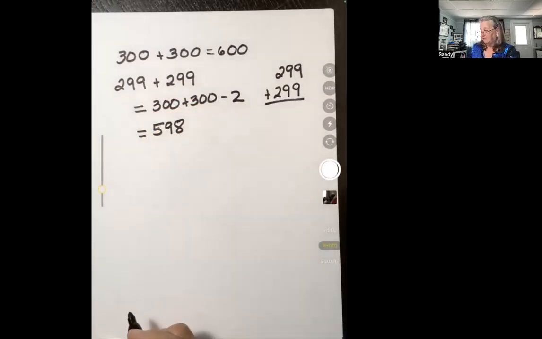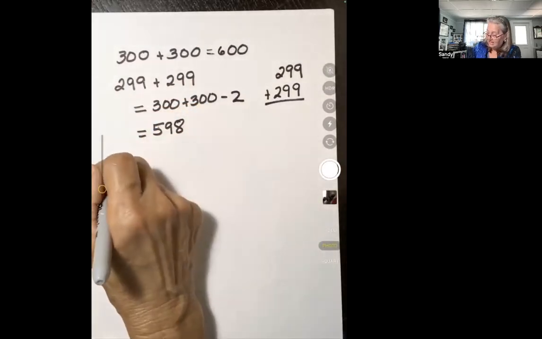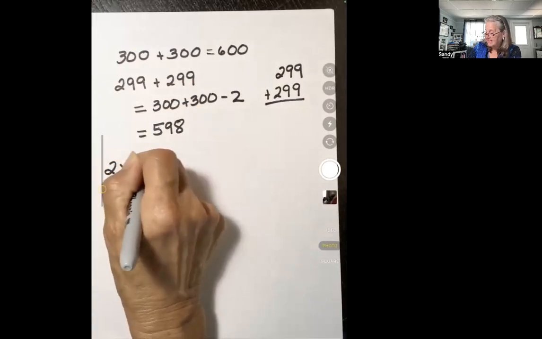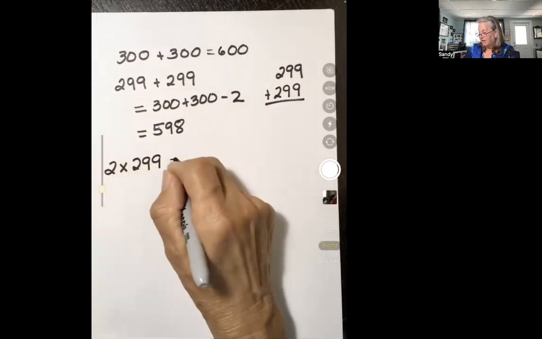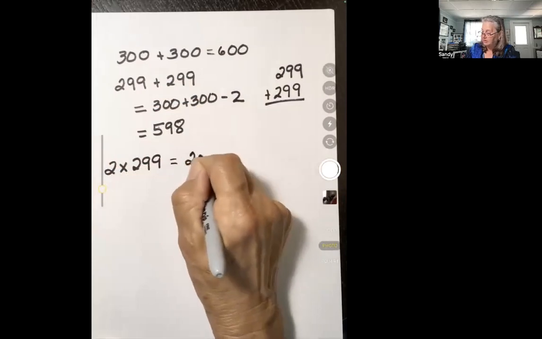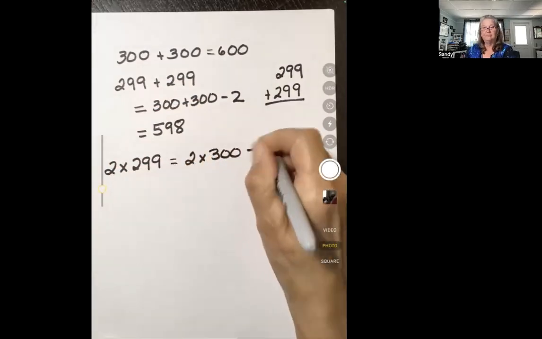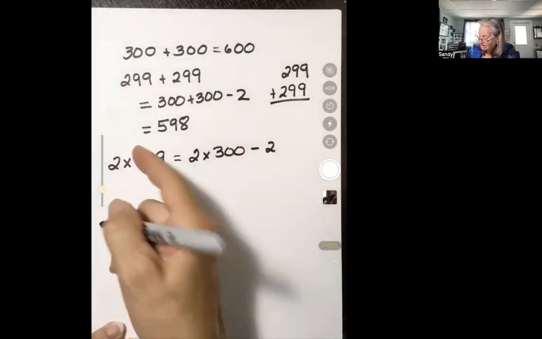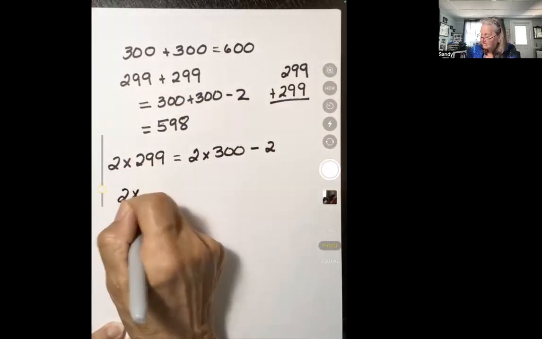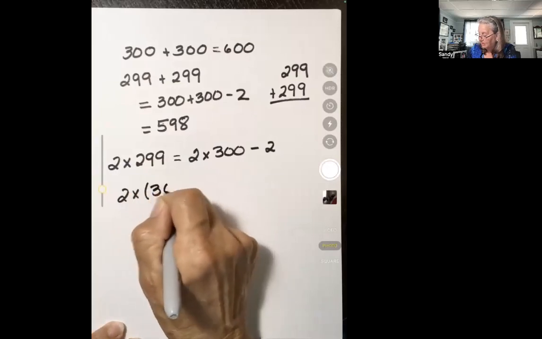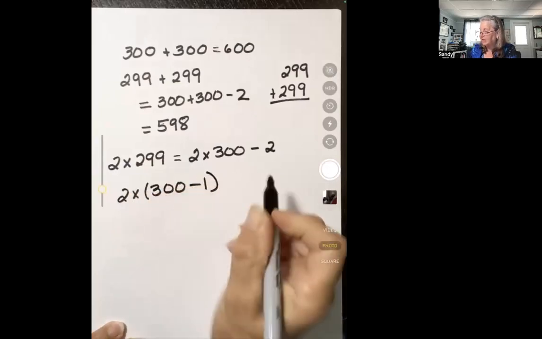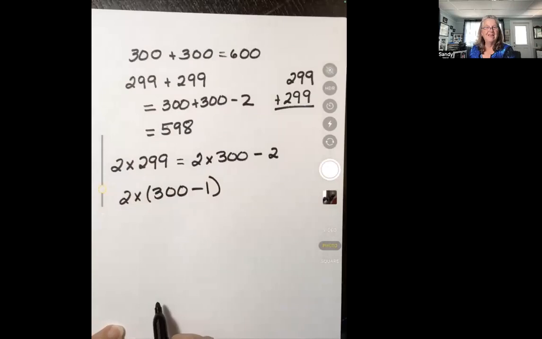As they move into grade 4, how can I think of double 299? Well, what do we just do? Double 300 minus 2. Or how did we think of that 299? Well, we thought of it as 300 minus 1, distributive property.